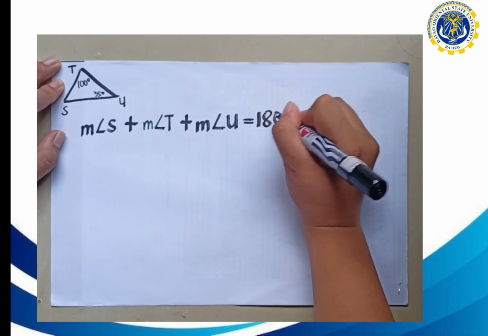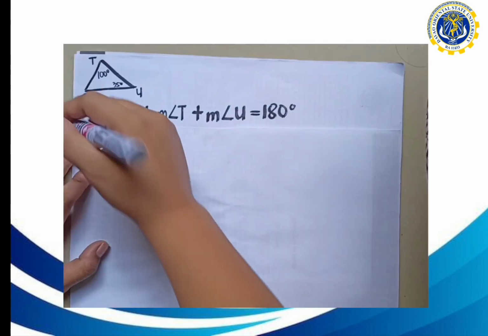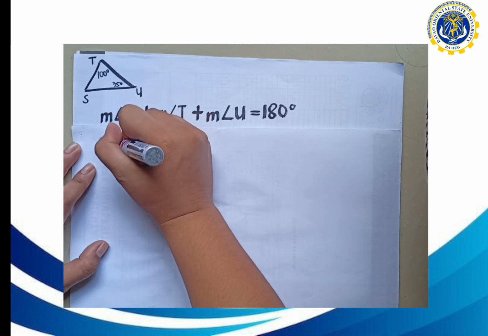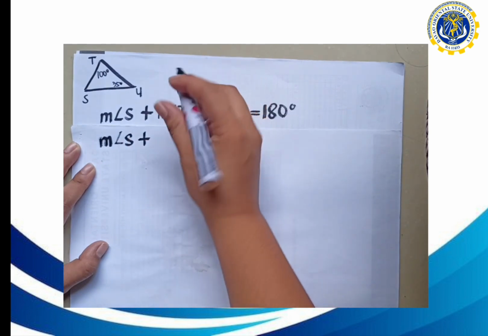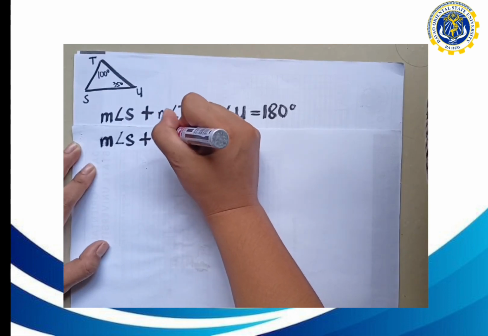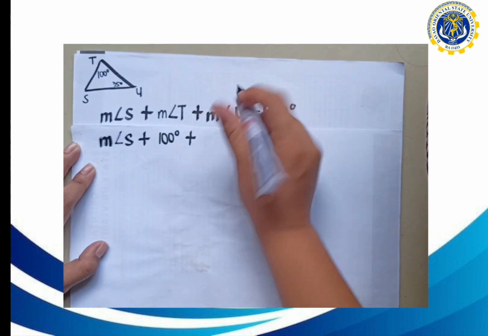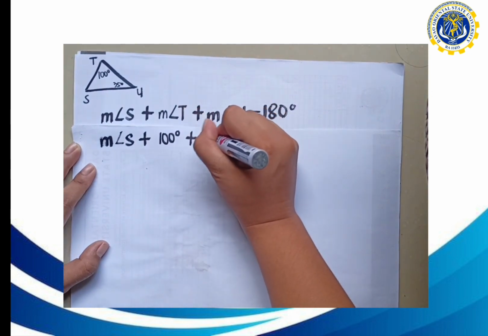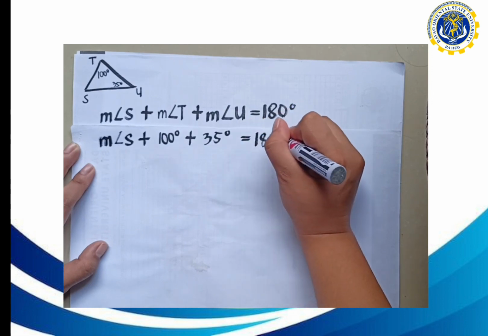Again, every triangle is equal to 180 degrees. So we have angle S plus the given measure of angle T, which is 100 degrees, plus the angle U, which has a given measure of 35 degrees, then is equal to 180 degrees.